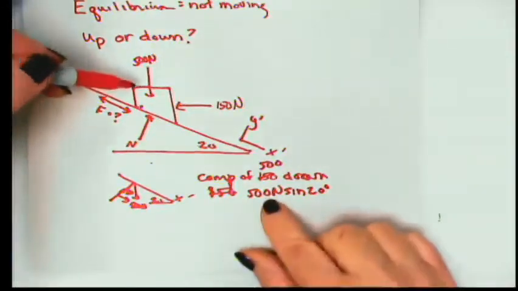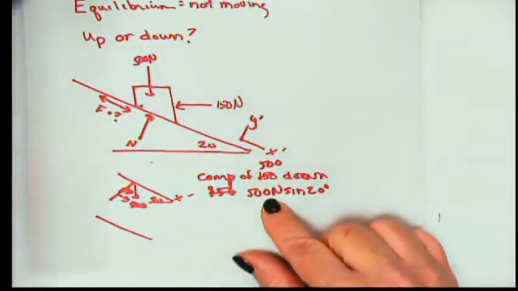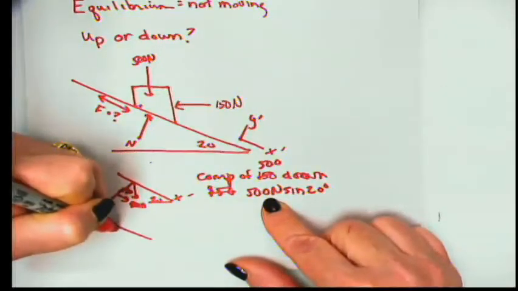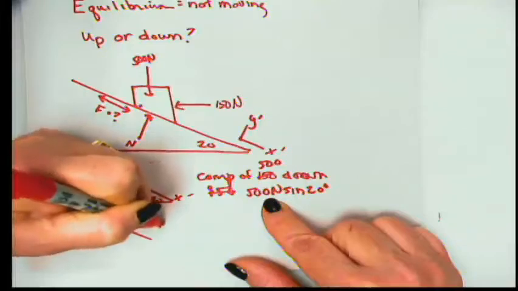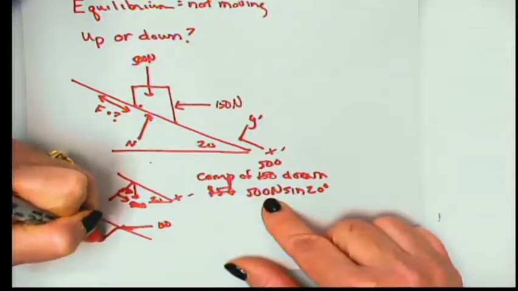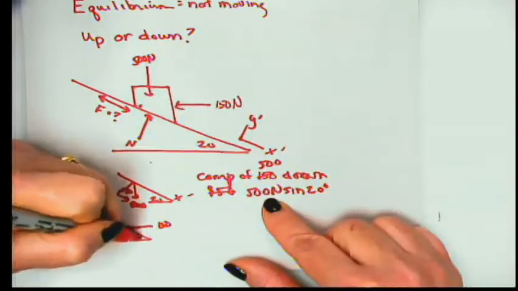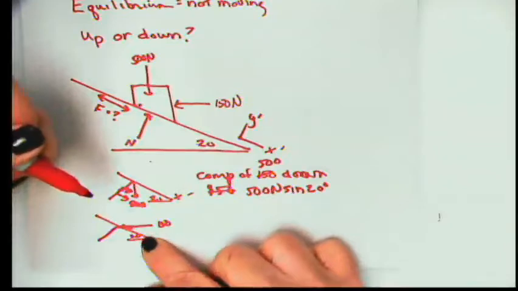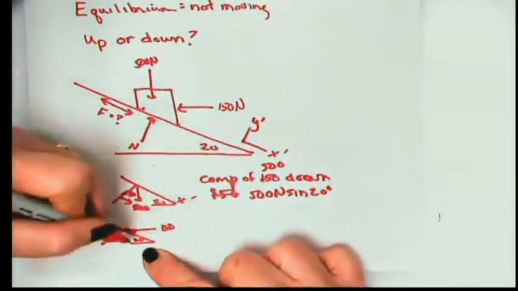Now, what about pushing up? Let's draw another little diagram here. And here we're going to have 150 pushing it this way. So if we draw that same triangle where this is 20, we need to resolve this into along the plane and perpendicular to the plane.